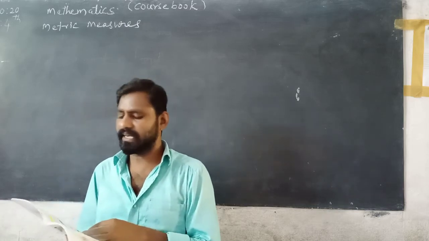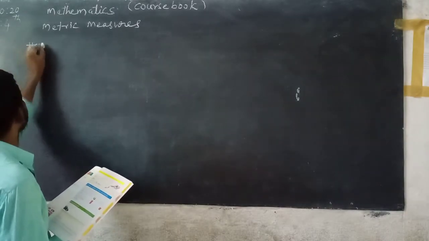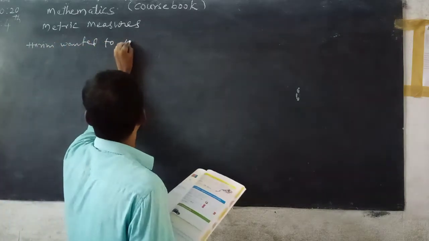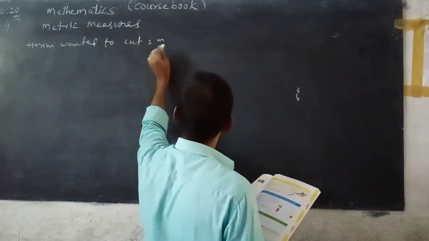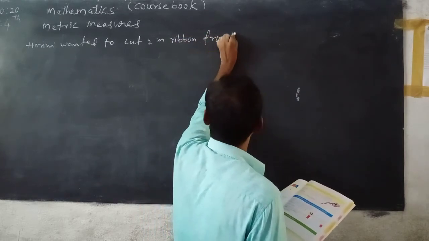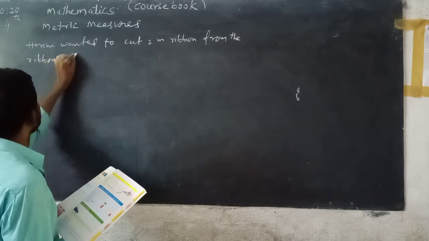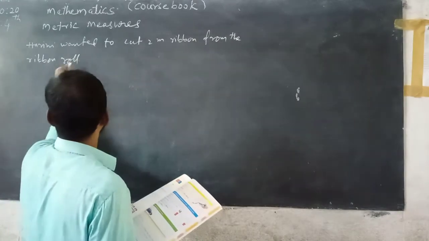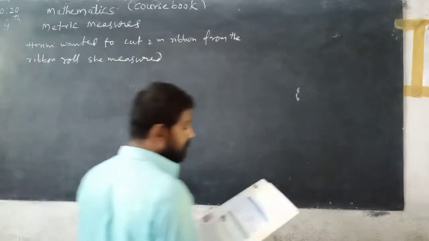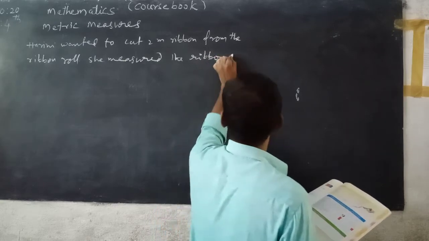She measured the ribbon using a tape. Harini wanted to cut 2 meters of ribbon from the ribbon roll. She measured the ribbon using a tape.